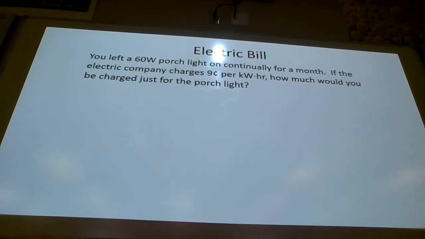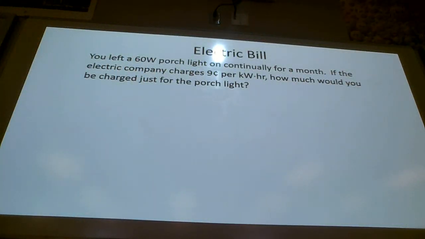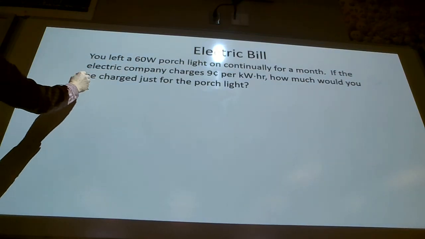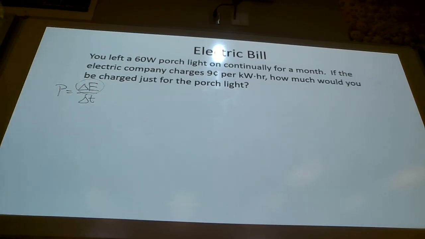Okay? So what we are doing, calculating the electric bill. We are looking for the amount of energy that we're using.